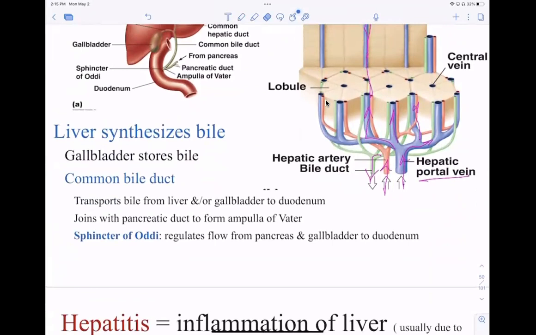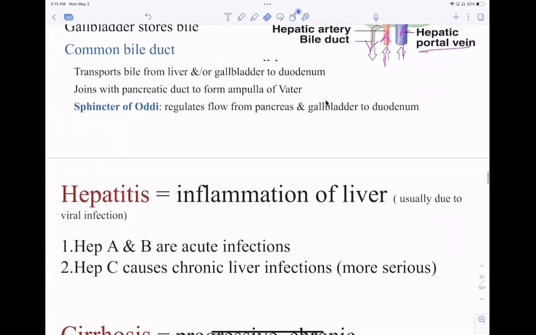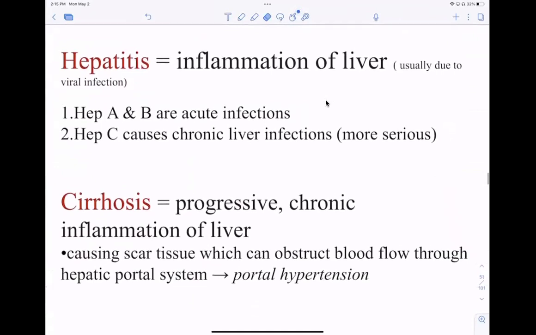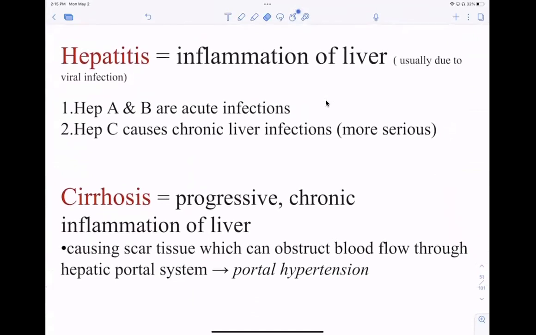Is this showing you a hepatic portal or hepatic triad? The liver is your hepatic organ. Hepatitis is inflammation. Hep A and Hep B are acute infections, which means your immune system can clear them. Hep C, though, is more chronic and harder to get rid of. And so that's why it can damage the hepatocytes and cause cirrhosis.